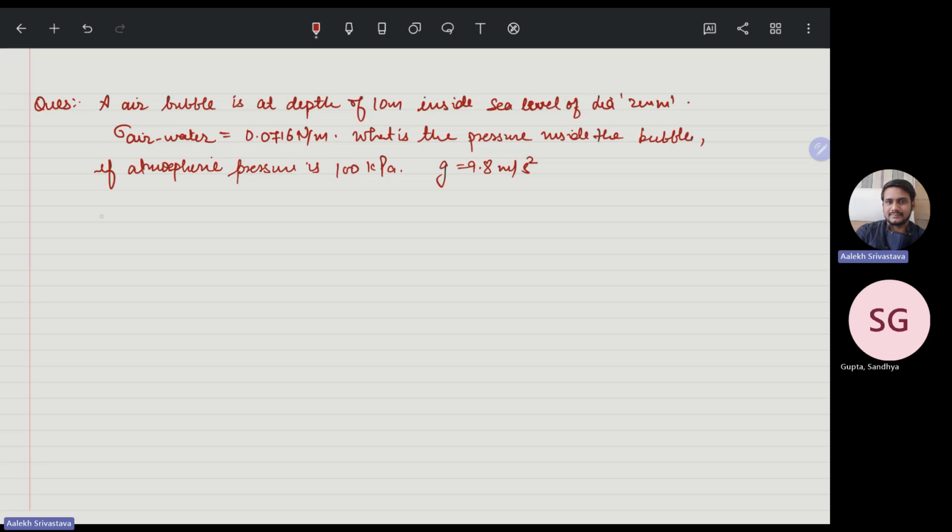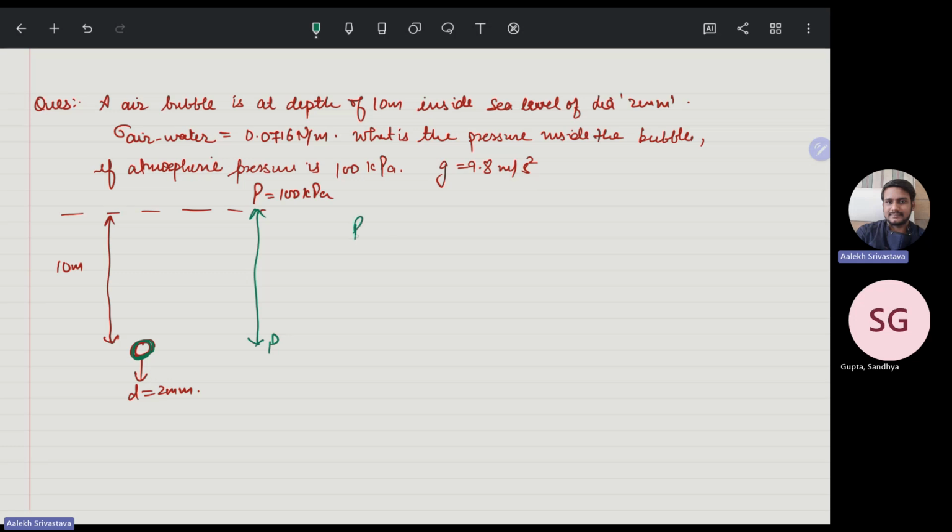So what happens is you have a sea level and here you have an air bubble, and this length is 10 meter, and the diameter of this bubble is 2 mm, and you need to find the pressure at this surface, P is equal to 100 kilopascal. So for this type of question, you need to first find what is the pressure at this level. Then because of this bubble formation, there is a change in pressure.